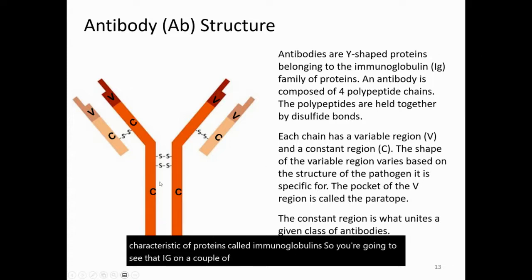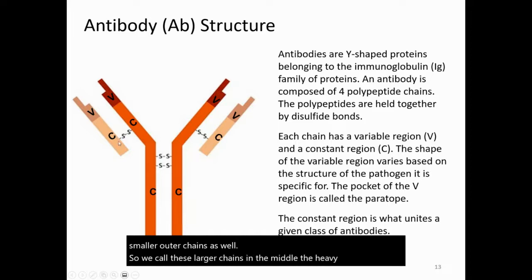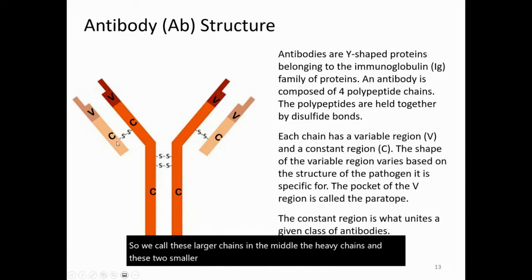And so when you look at this antibody, you'll notice it's a Y shape, but it's made up of 4 chains, right? These 2 dark orange, bigger chains in the middle, these 2 smaller outer chains as well. So we call these larger chains in the middle the heavy chains, and these 2 smaller chains on the outside that are kind of a tan color, we call those the light chains.